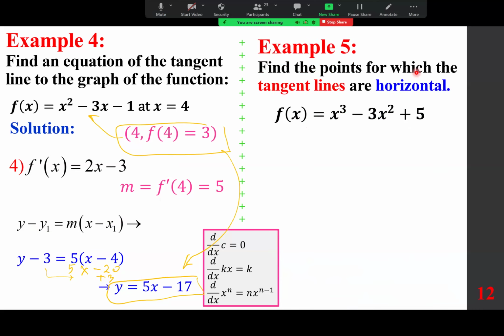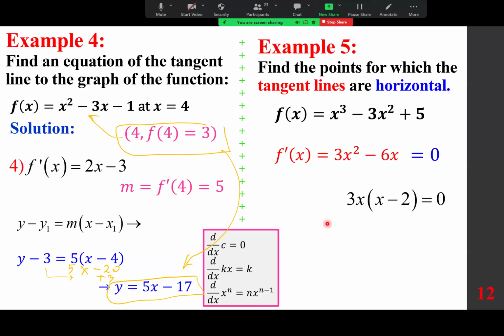Find the points for which the tangent lines are horizontal. Well, we're talking about the slope of a tangent line being 0 because horizontal lines have slope 0. So first we take the derivative, 3x squared minus 6x. And the reason we set it equal to 0 is because the slope is given the moment we say horizontal. We factor the 3x out.